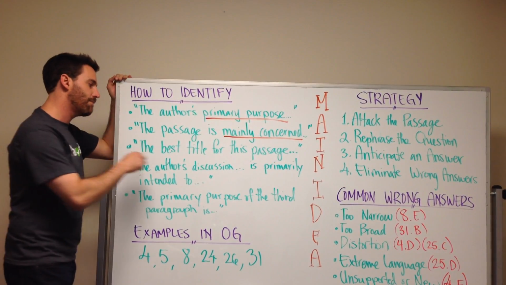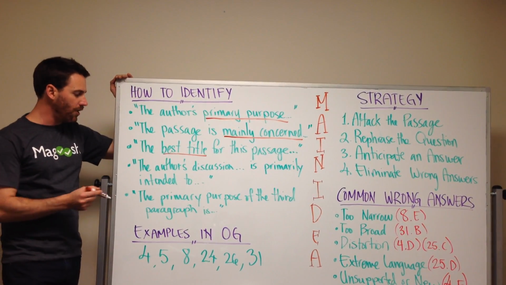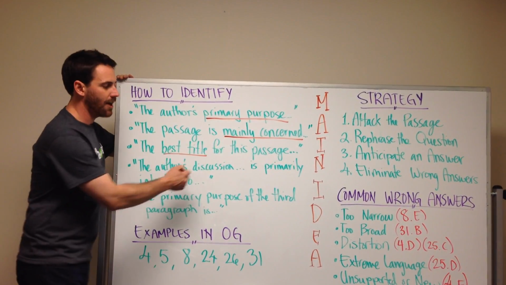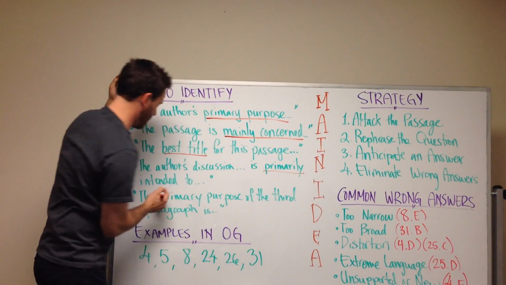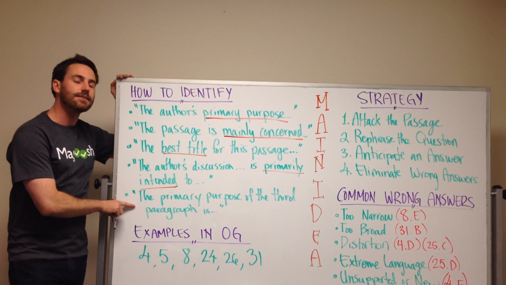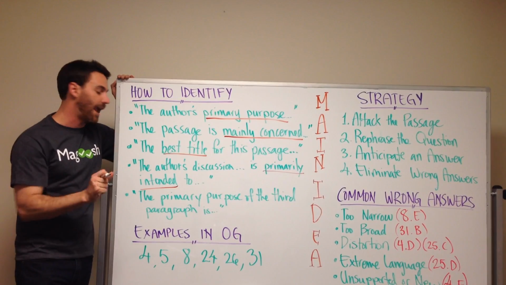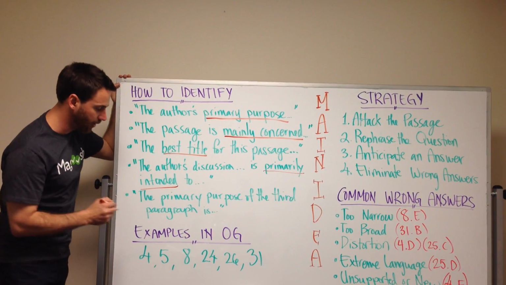Sometimes it'll be phrased as the best title for the passage. Also, it can be longer, say something like the author's discussion of a particular thing in the passage is primarily intended to do something. And then also, these types of questions might just focus on one paragraph. So here we have the primary purpose of the third paragraph.